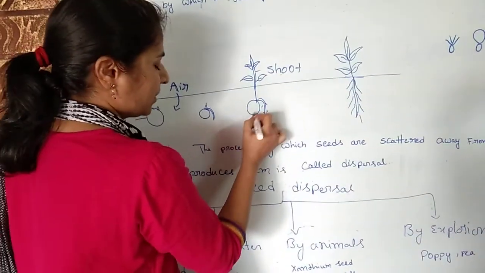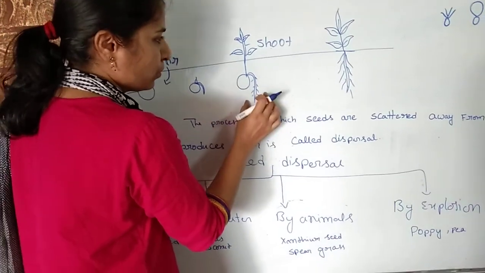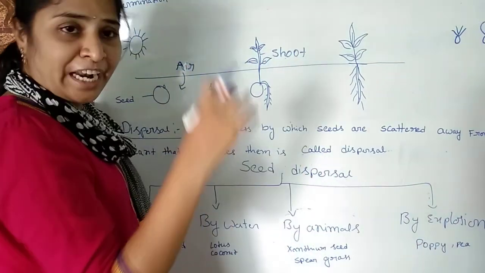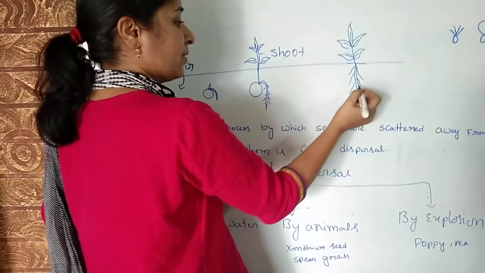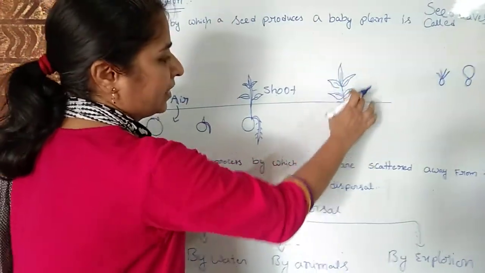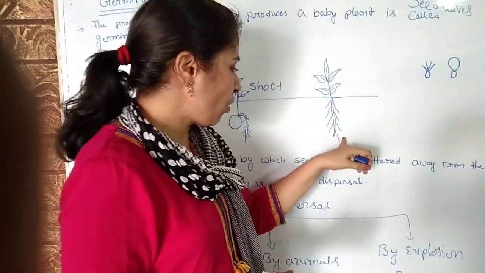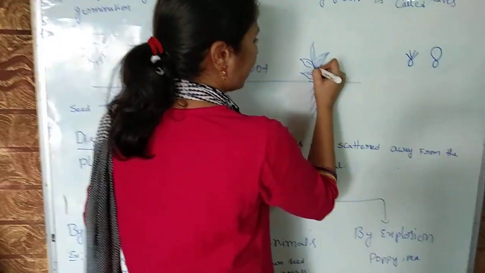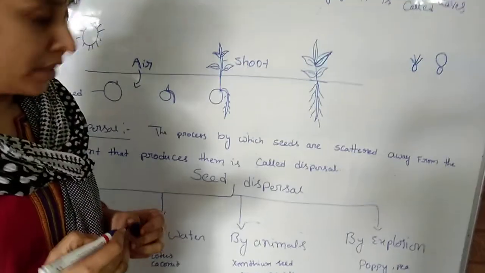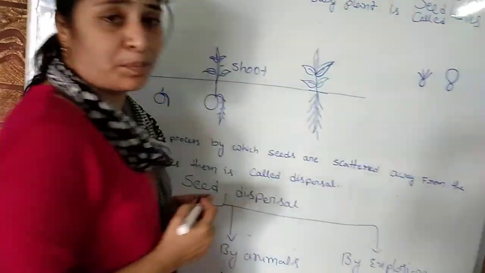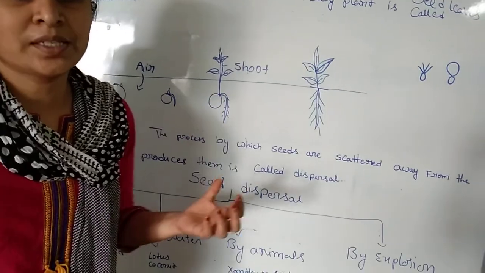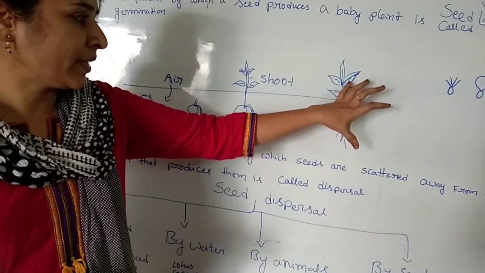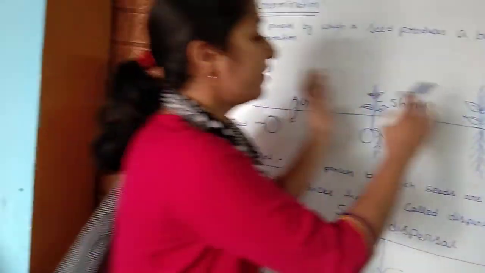When the seed slowly develops roots and shoot, the cotyledons shrink and fall off from the seed, and the new seedling gets nutrients and water from the soil, and with its green leaves it can produce its own food. What is present in the leaves? Chlorophyll is present. With that chlorophyll they capture the sunlight, take carbon dioxide from the atmosphere and prepare their own food. This is the process of germination.